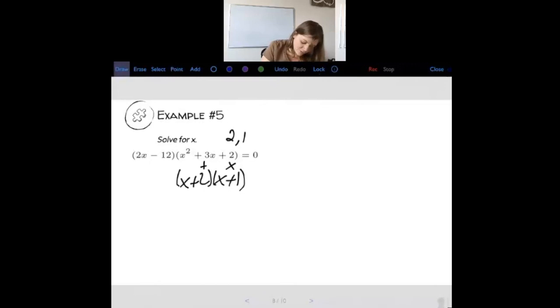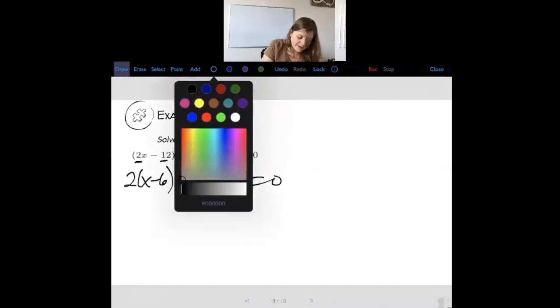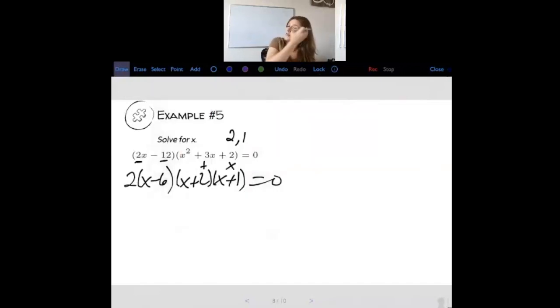And this is, if you want to take out the 2, you can, and I'll show you what happens with it. Okay, so now we're solving for x, so the only factors or the only things that we set equal to 0 are things involving x. So that means that we'll set x minus 6, x plus 2, and x plus 1 equal to 0. The 2 doesn't have an x to it. In fact, we could divide both sides by 2 and just get rid of it.